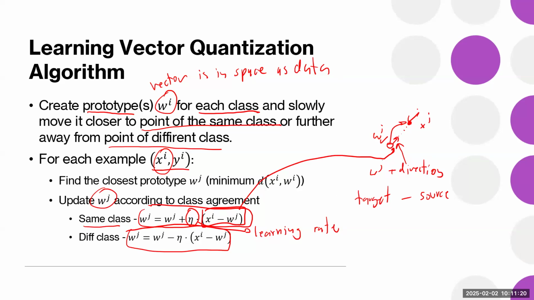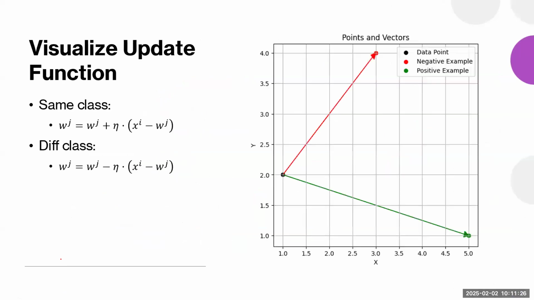So that is for the positive example. And for the negative example, let's say I have the prototype for the negative class, but the closest point to it is a positive example.